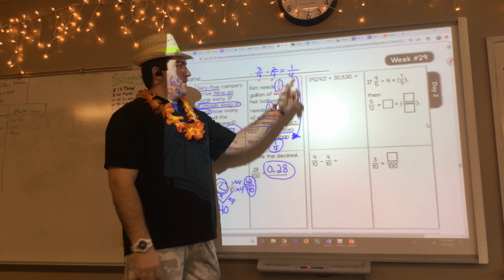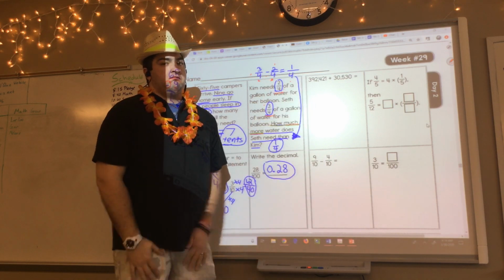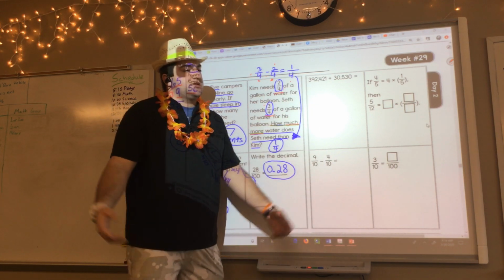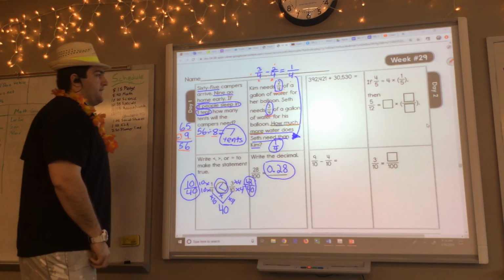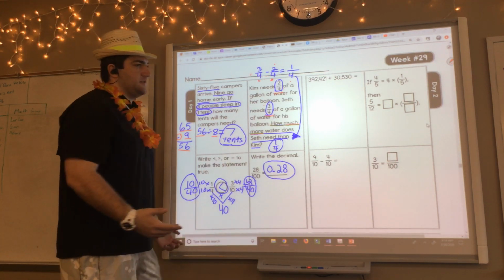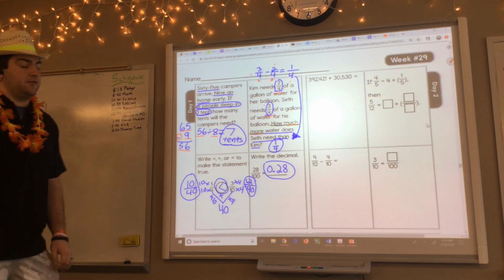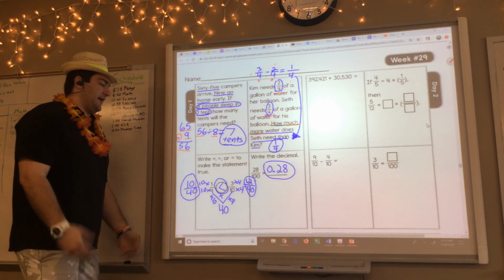If you divide that by 1 and that by 1, you're just going to get 1/4 again. So you don't have to simplify it. No need to stress out. No need to have a headache over that, because some of you do that sometimes, which is all right.